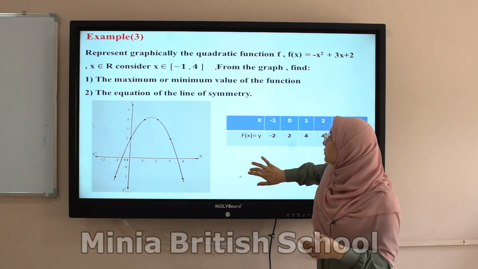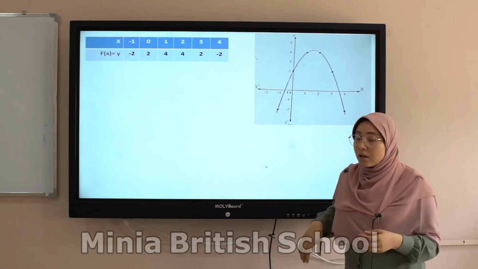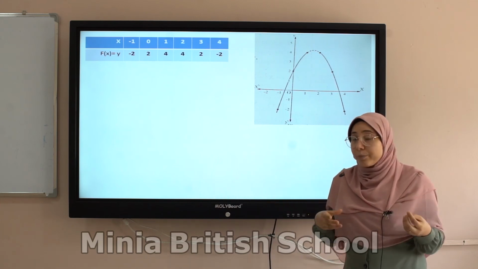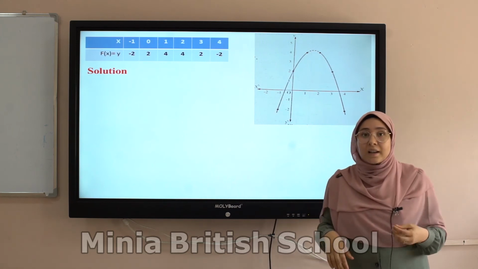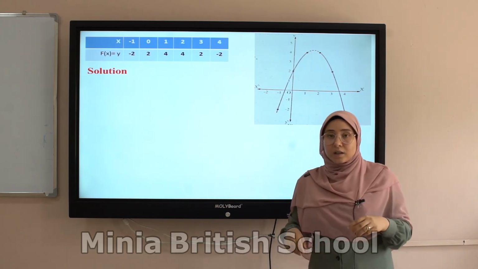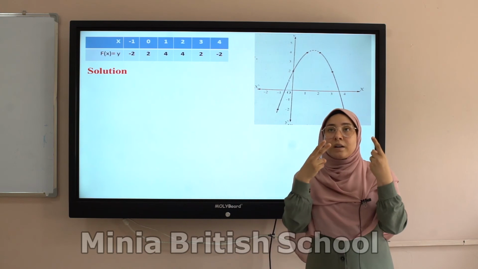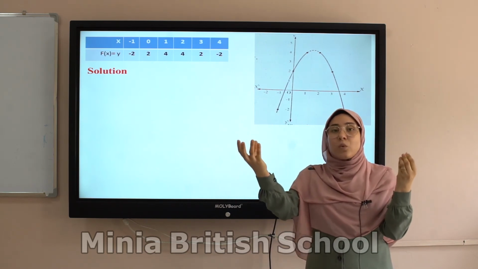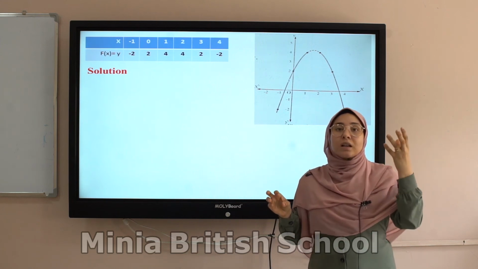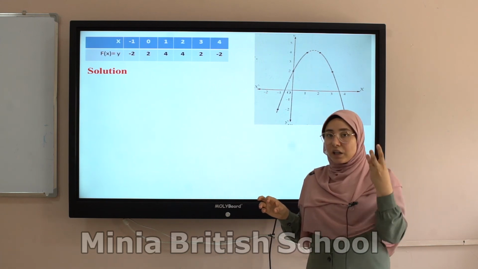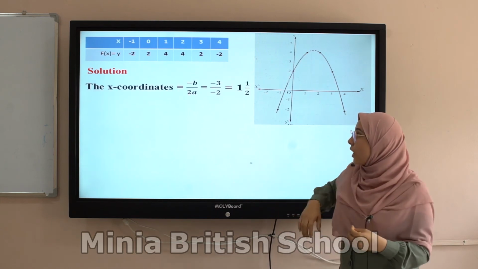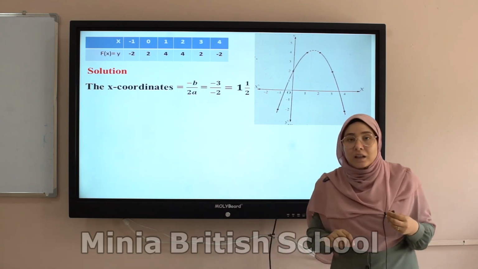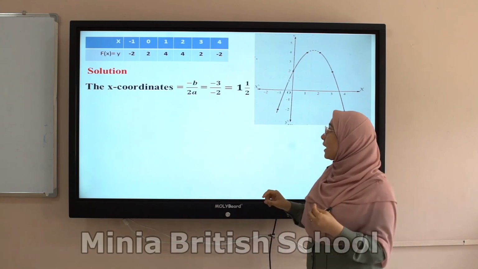To find the vertex of the curve algebraically, I will find the x coordinate. Any ordered pair has two coordinates, the x coordinate and the y coordinate. To calculate the x coordinate here, I have a rule: negative p over 2a.